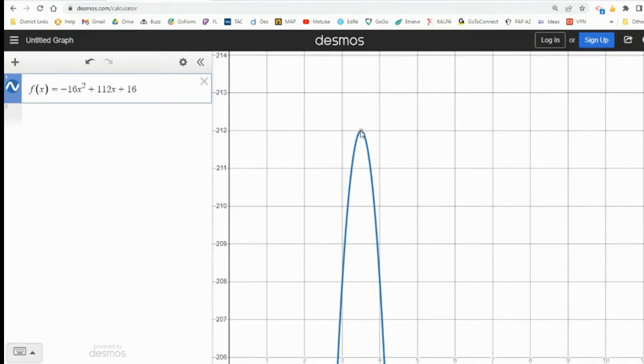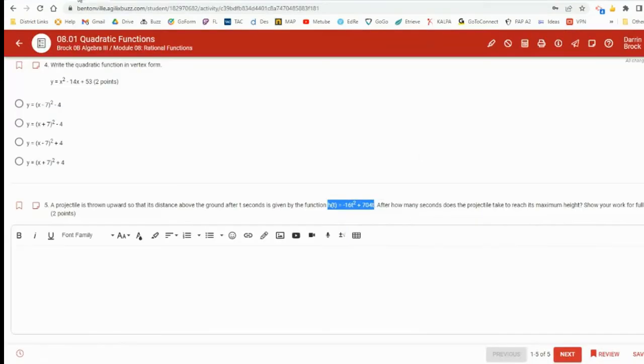But the vertex tells you everything you need to know, the amount of time and the height. So just look and see what they're asking for. Like in this one, how many seconds? So this is looking at the x, right? So you've got to show your work, use this equation, convert it to vertex form, and it'll tell you right there.